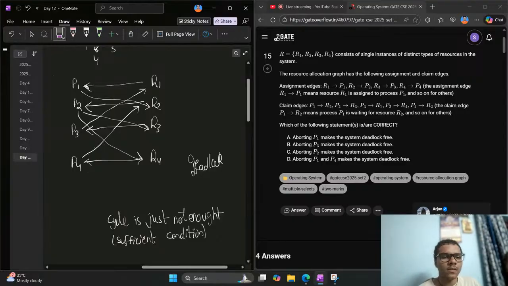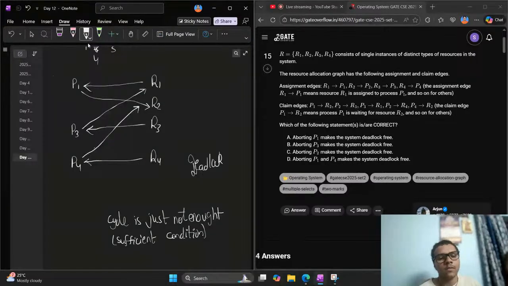Aborting P2. Let's say we abort P2. So this resource is being held by that. This gets removed, and P2 is requesting R3 and R4. These get removed as well. Nice.